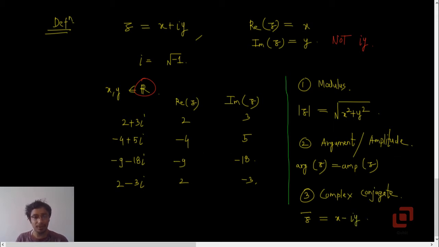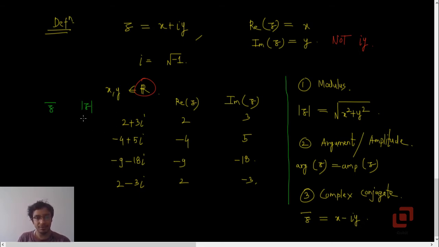So let us quickly find out the mod and the complex conjugates of these four complex numbers. We'll find the amplitude later. First, let's find the moduli.